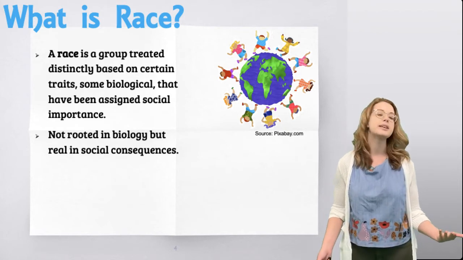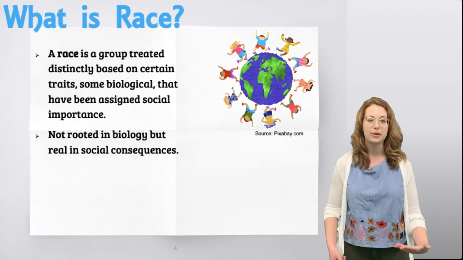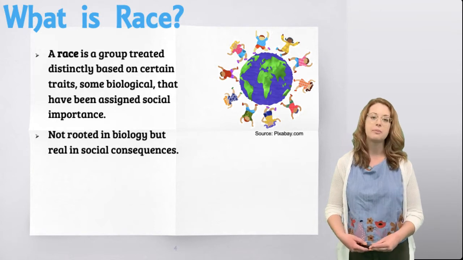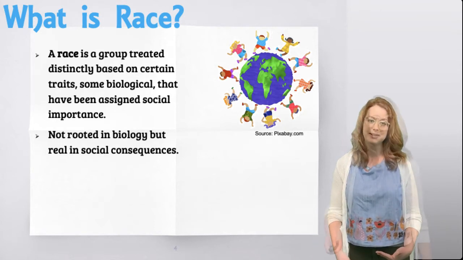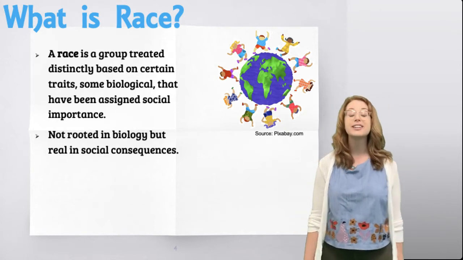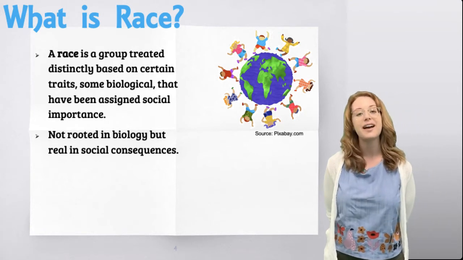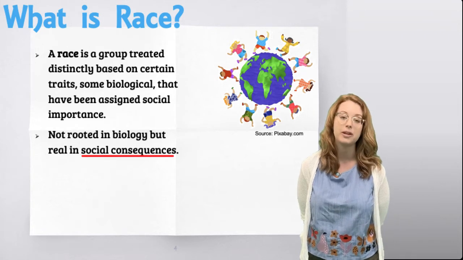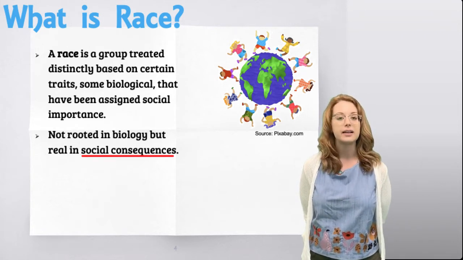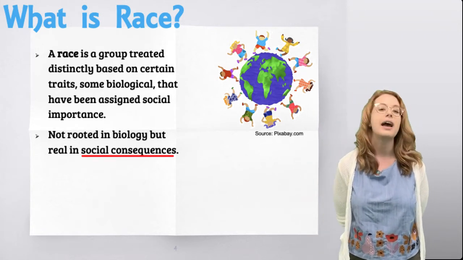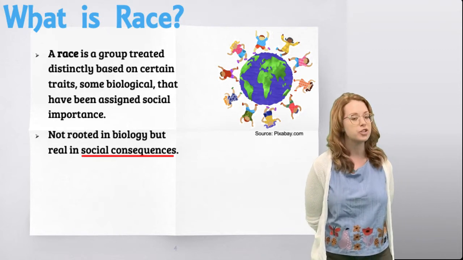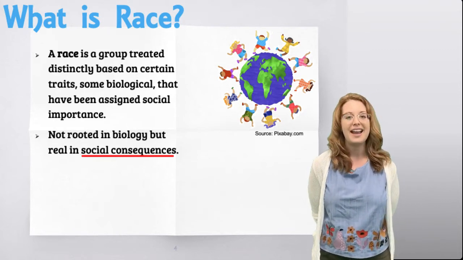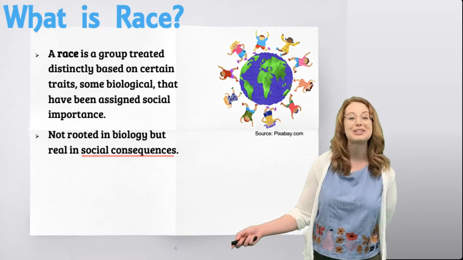And so all of these reasons why humans look different across the world is more due to environment than inherent biological differences. However, sociologists are still interested in this concept because it has real social consequences and outcomes when we look at things like income inequality, health inequality, the criminal justice system, and media representation.